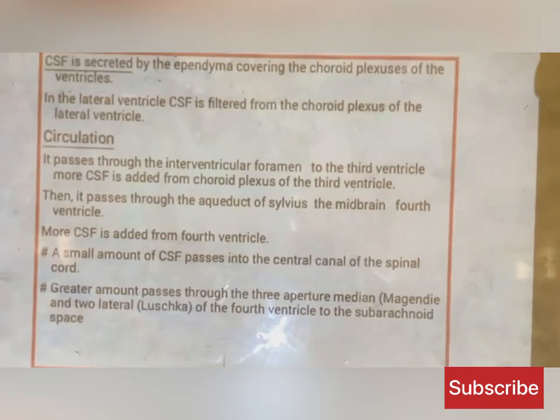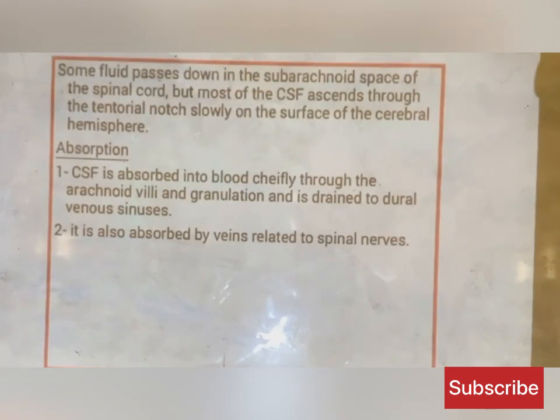So now we've seen the CSF, how it is formed and how it circulates, and we have discussed some of the importance of the CSF. I've also told you that the fluid passes into the subarachnoid space of the spinal cord.